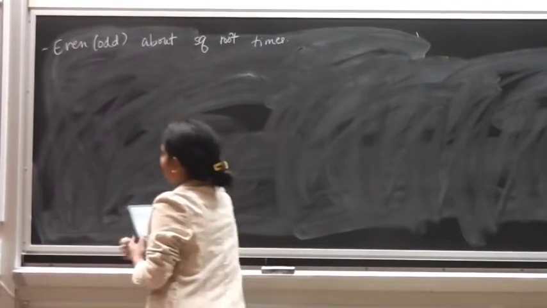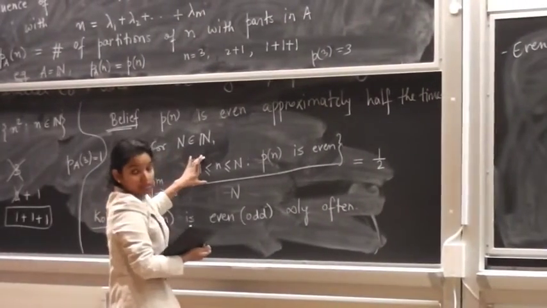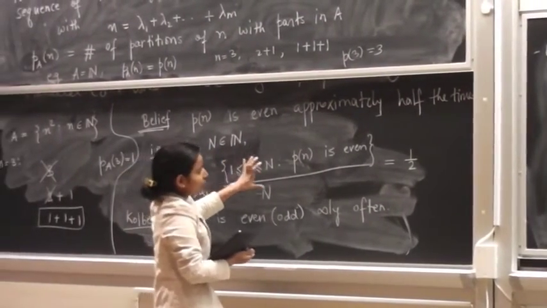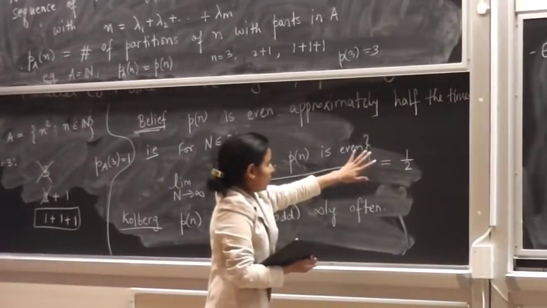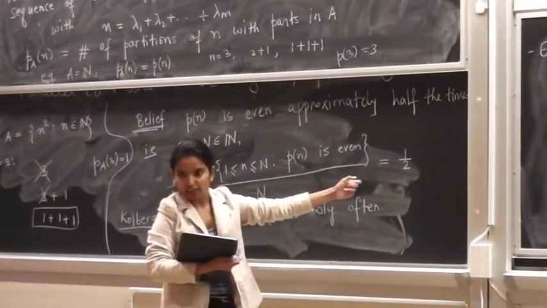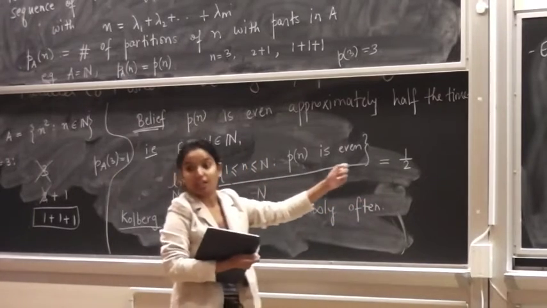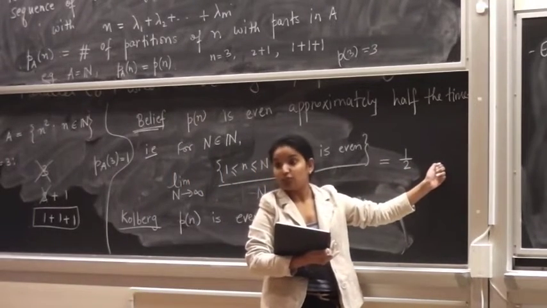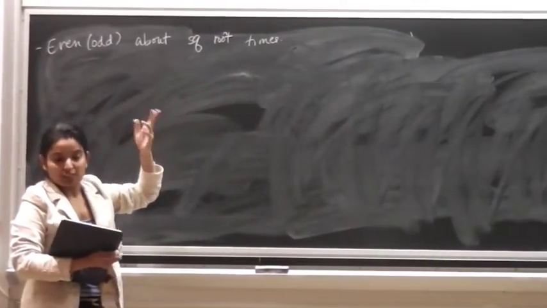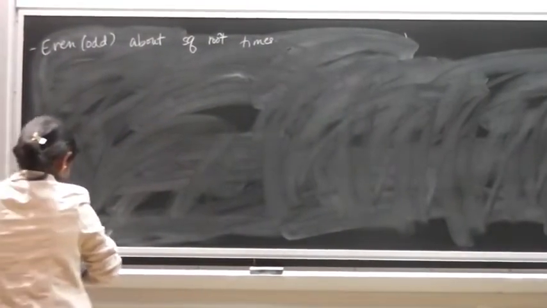So more precisely, if you just count these numbers, this numerator, you get that this is larger than square root of n. For this limit to be equal to 1/2, you have to show that this is 1/2 times n, and we are only able to show that it's about square root of n with some log factors.